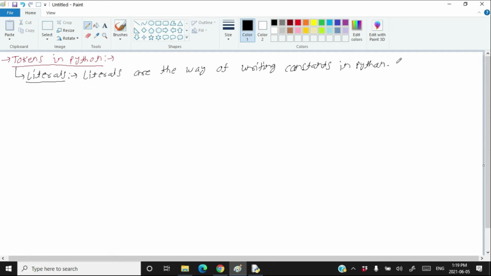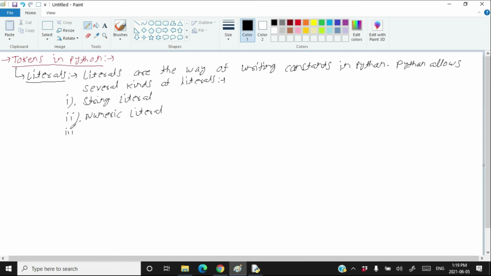So let's see. Python allows several kinds of literals. The first one is called string literal. The second one is called numeric literal. The third one is called Boolean literal.